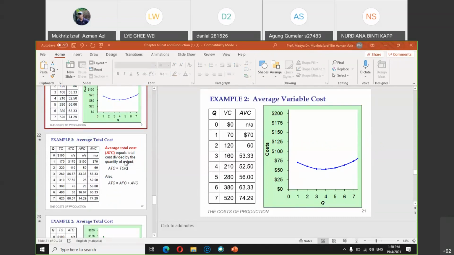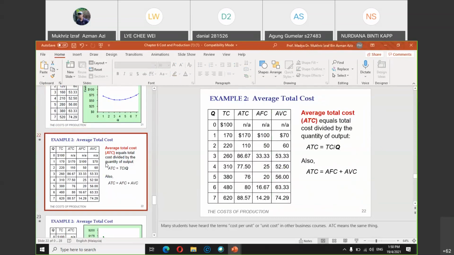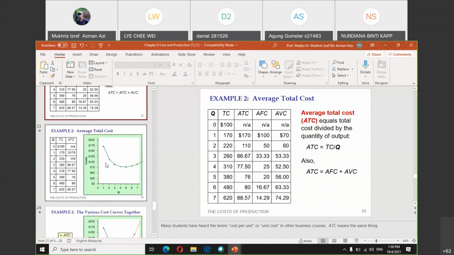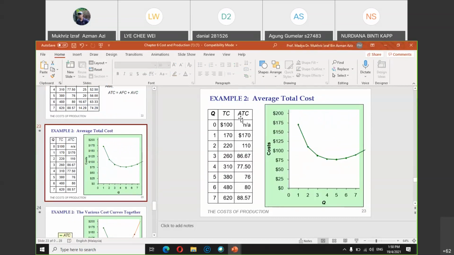And then if you plot the average total cost or average cost, you can use the word ATC, average total cost, or in some books you can also use the word AC, average cost. Both are referring to the same thing. Average total cost is total cost divided by quantity.